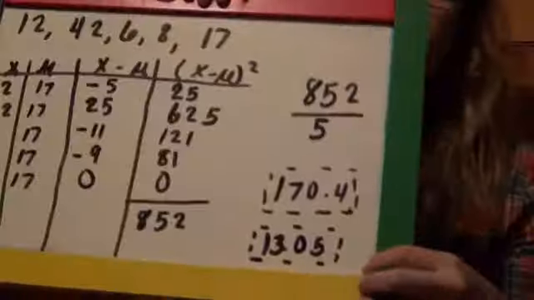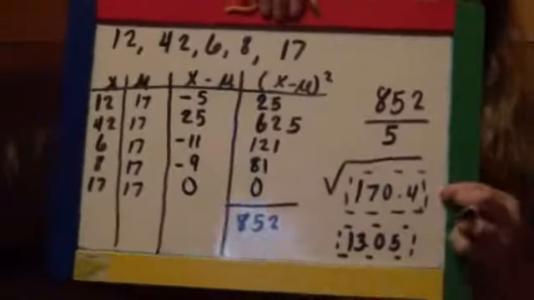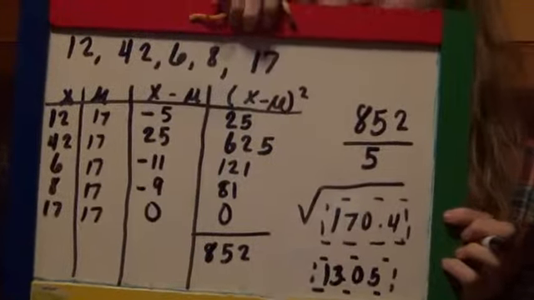So in other words, if we take the square root of 170.4, we get 13.05. That number is our standard deviation. And we got it, like I said, from taking the square root of our variance. So that's an example of how to do variance and standard deviation with a population problem.